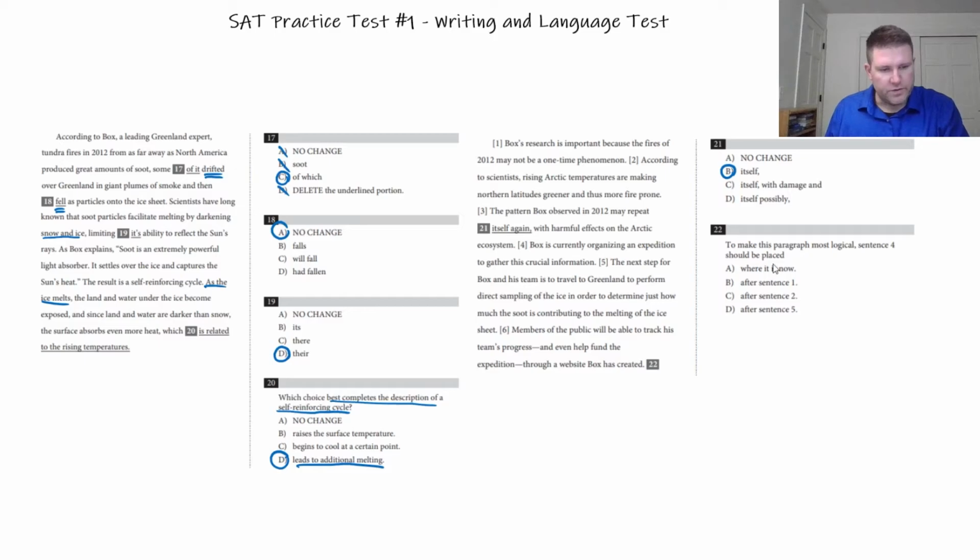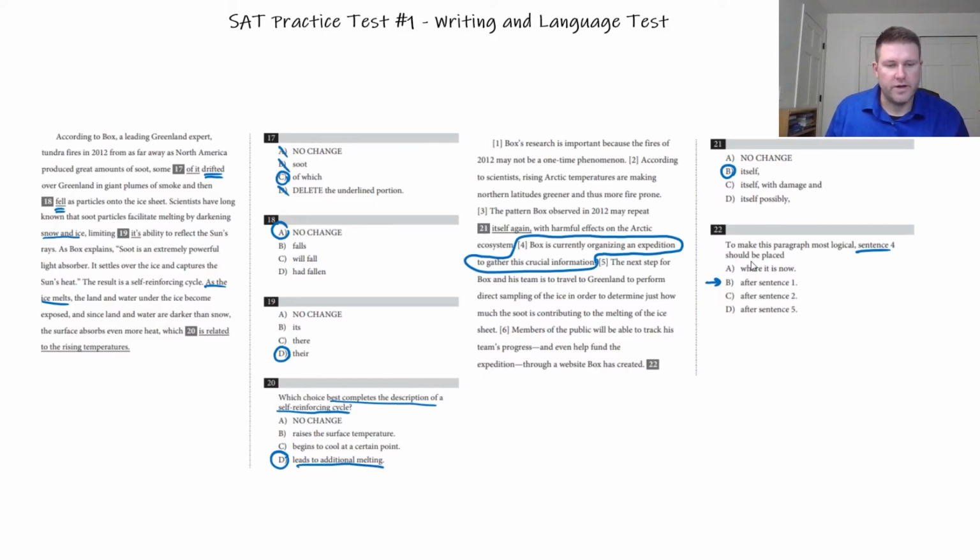Now, if you look here with 22, this is a sentence placement question. So again, you're starting at the earliest point in the paragraph where they'll offer a chance to plug it in, which in this case would be here. And even before that, look at the sentence that they're thinking about moving, which would be this one. Read this and summarize it in your head, okay? So you can grasp the main idea and be ready to plug it into these different places they're offering.